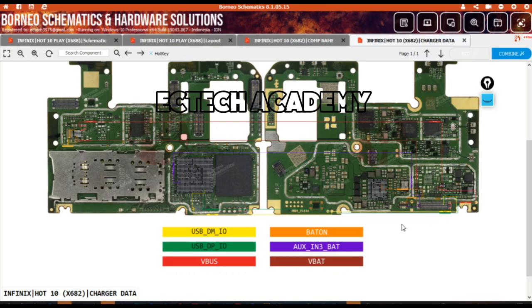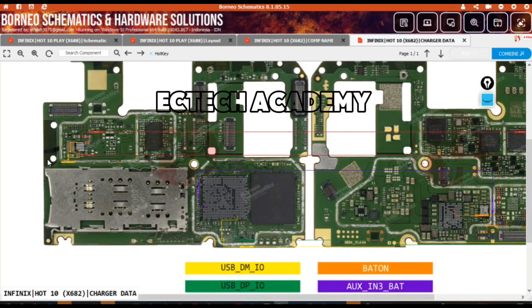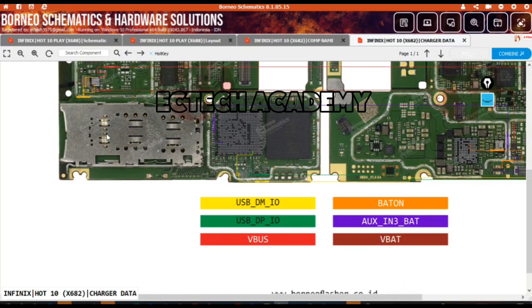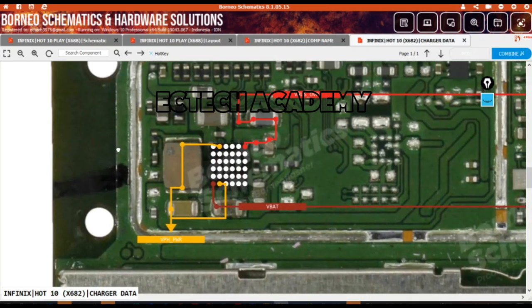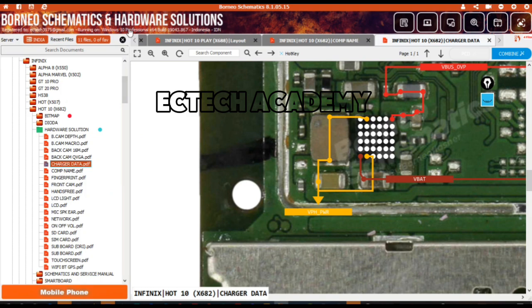In continuation of our class, we talked about how to track fibos in our last class, which is the basic level of mobile charging problem tracking. This is where we stopped, whereby we are using Infinix Note 10, that's X6 A2, as a practical case study.